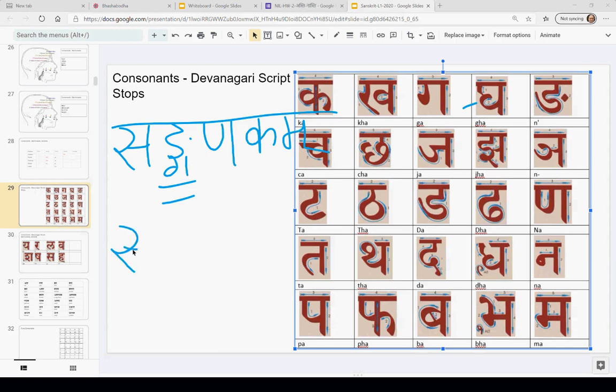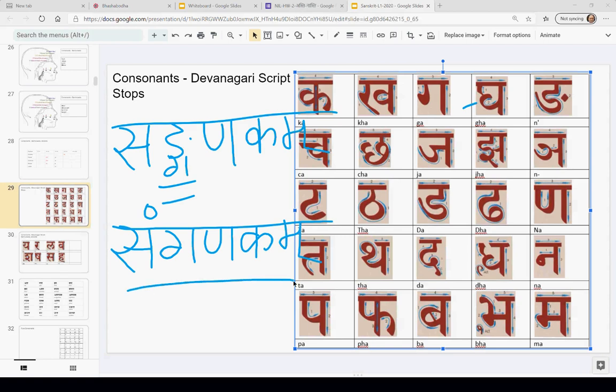But if we pronounce it like this, then also it is correct in Sanskritam. So that is why we can write it like this. Note that writing should be as per the pronunciation.